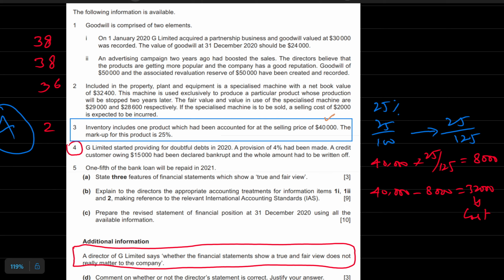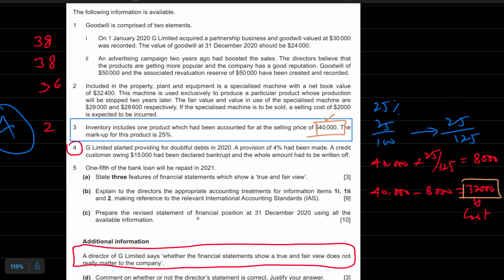Now students, cost of the inventory is 32,000 while it was recorded in the books of account as 40,000. So the lower value is 32,000. Inventory will be recorded at 32,000, and when we are supposed to prepare a revised statement of financial position, we will record the inventory at 32,000.